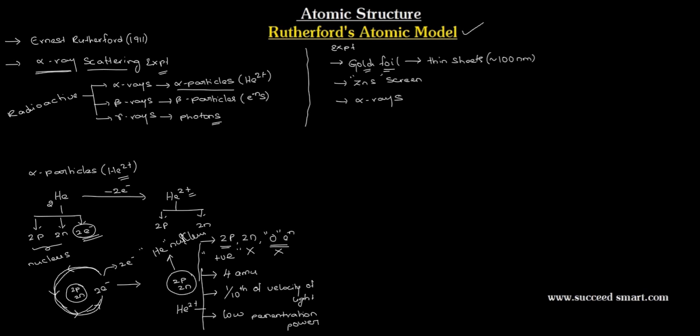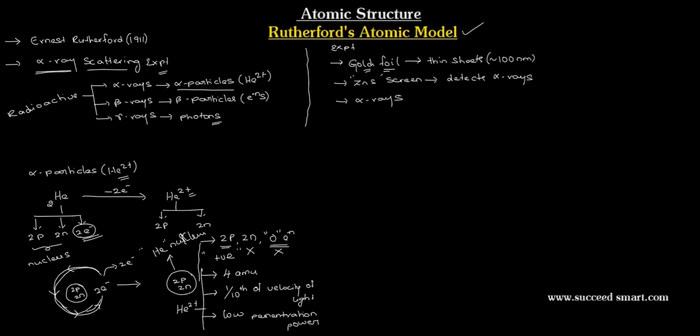And he used a zinc sulfide screen. We can't see alpha rays, but their presence can be detected by the presence of this zinc sulfide screen. Therefore, we can say that this zinc sulfide screen detects alpha rays.